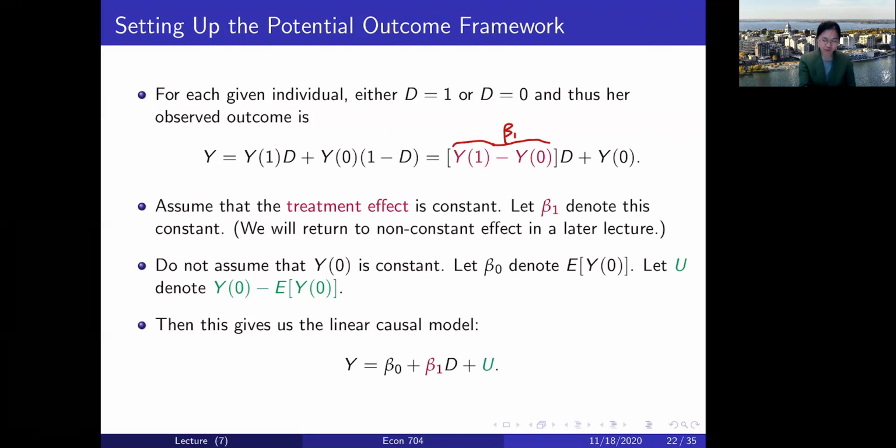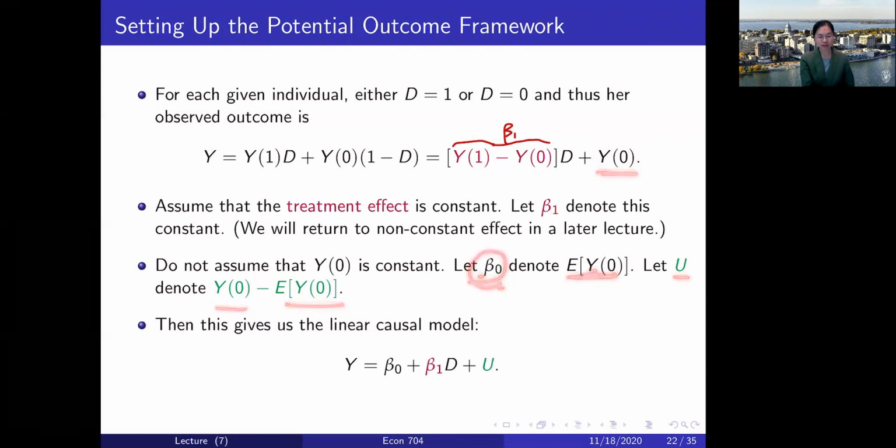And now you might think maybe this can be the error term for the regression equation. But we usually want to normalize the error term to have mean 0. So we're going to take the mean or the expectation of that random variable out and call that beta 0. Let that be the intercept. And let the error term be y0 minus E[y0].